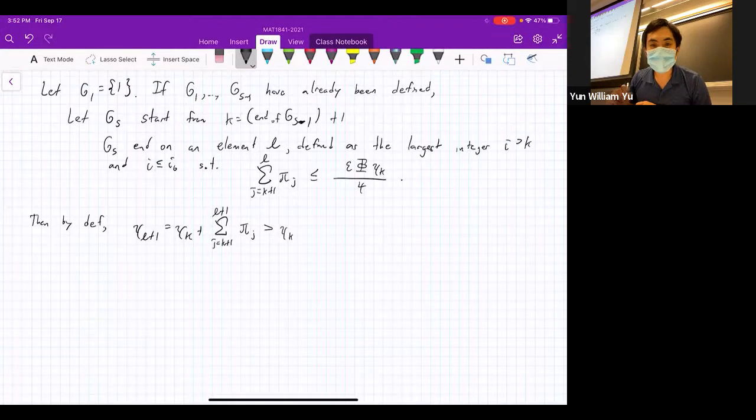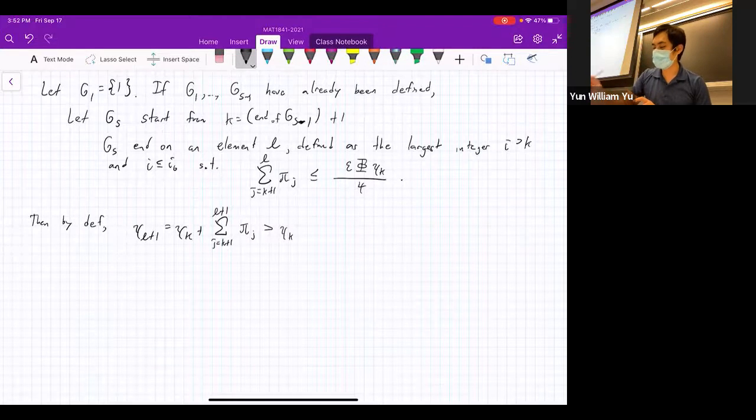Oh, sorry, we have a question in the chat. Will the sum start at j equal to k, since k is the start of the g k's? Yeah, that would be the case, wouldn't it? I think that is, however, not the notation I have used.